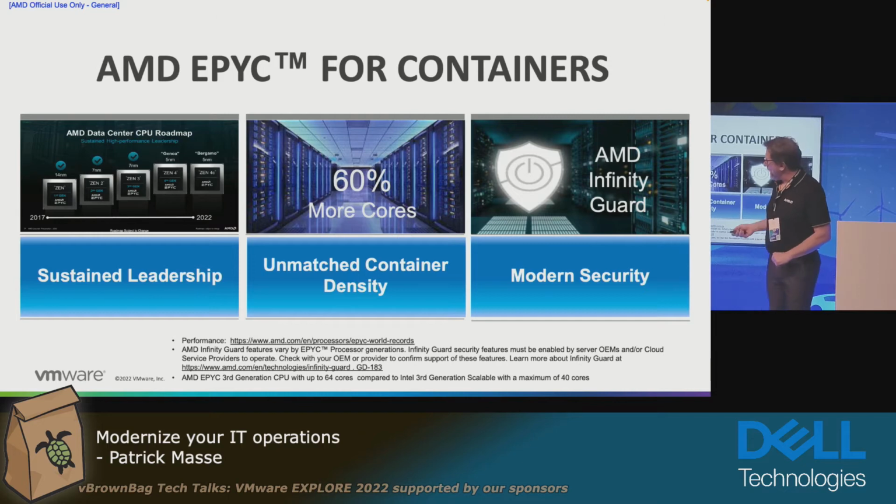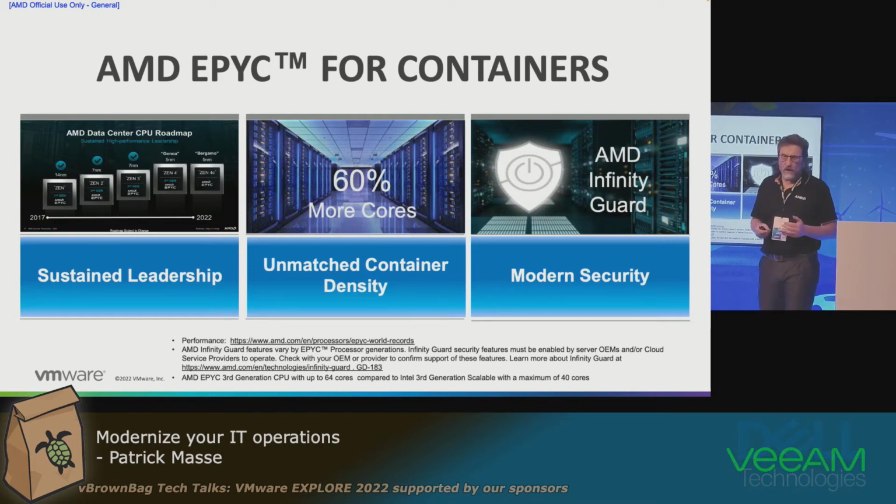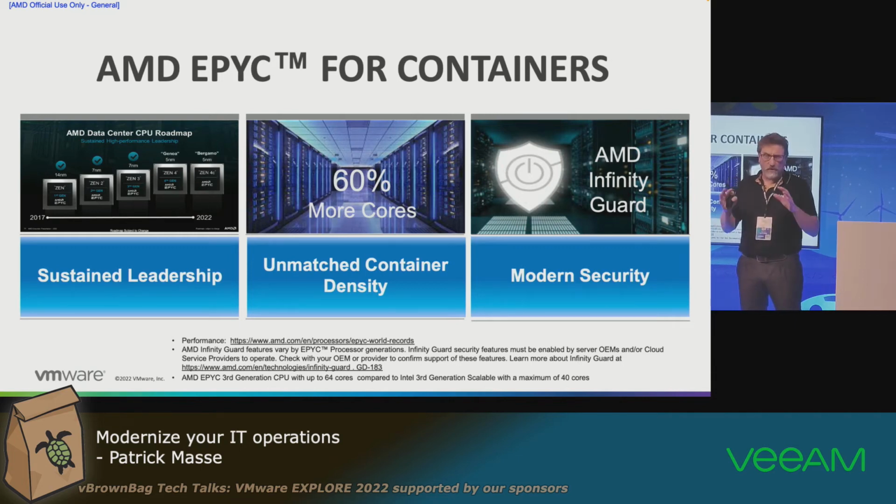For example, just to name one, currently we are providing a high density of cores, up to 64 per socket. That's the third generation, okay? With the fourth generation, we will go up to 96 cores.